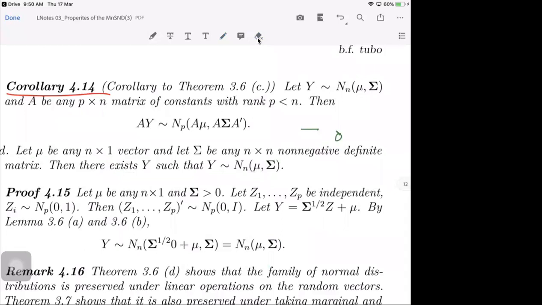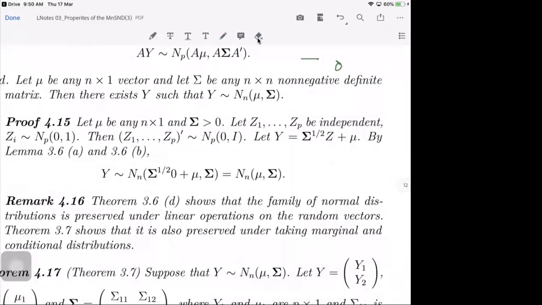So for the proof, inana ang flow sa proof kung inyong tan-awon. Ang flow sa proof, this is the assumption, no? So let mu be an n by 1 vector and sigma is non-negative, so dapat na greater than, okay? Or equal. Greater than or equal man ang atong notation sa non-negative definite.